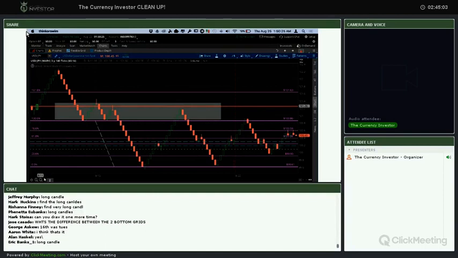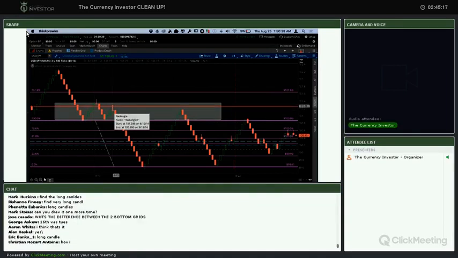So we see that this point right here was a definite level of support. Price traces back up into this area, and this is how we had this over here.